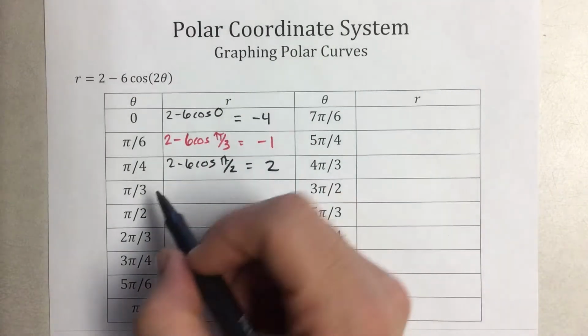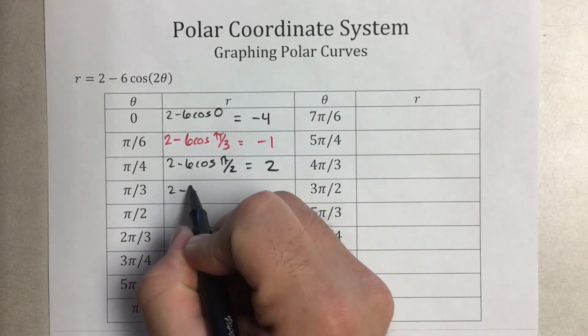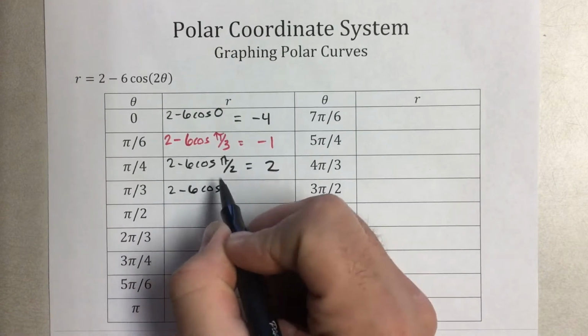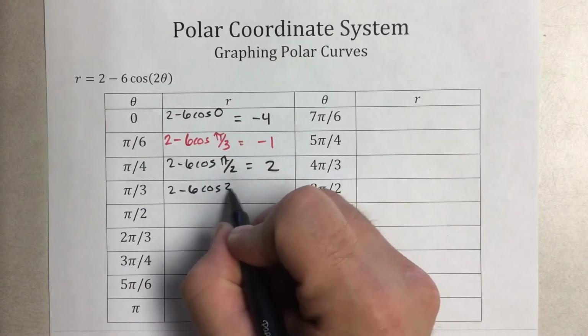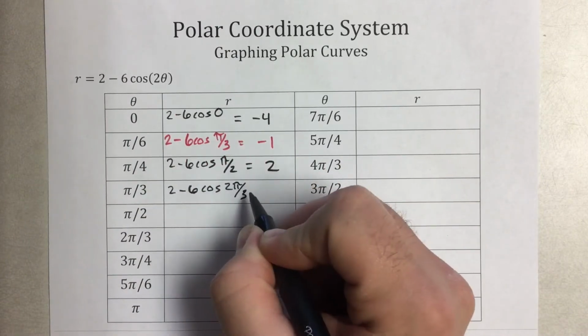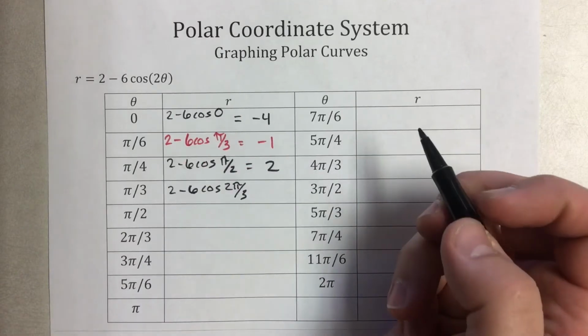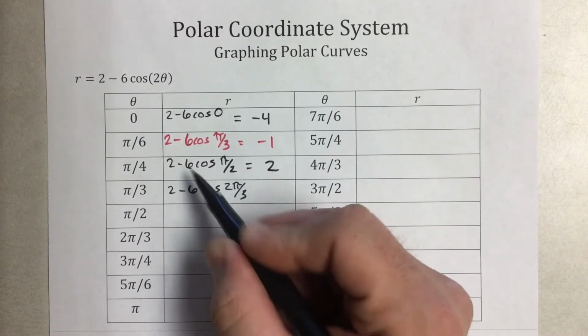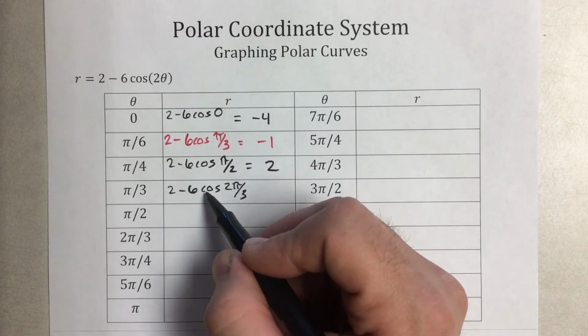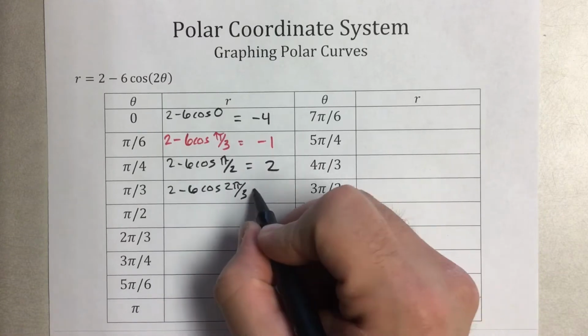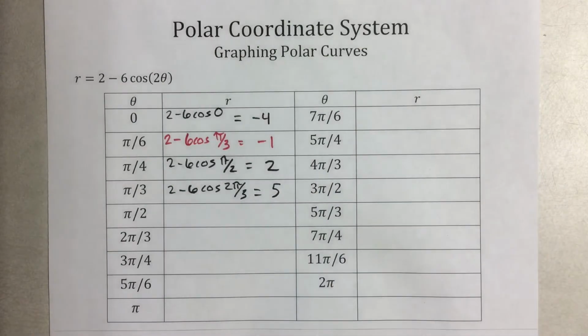Then repeating this, 2 minus 6 cosine, if I multiply pi over 3 by 2, we get 2 pi over 3, whose cosine is negative 1/2. So negative 1/2 of negative 6 is positive 3, and 2 plus 3 is 5.